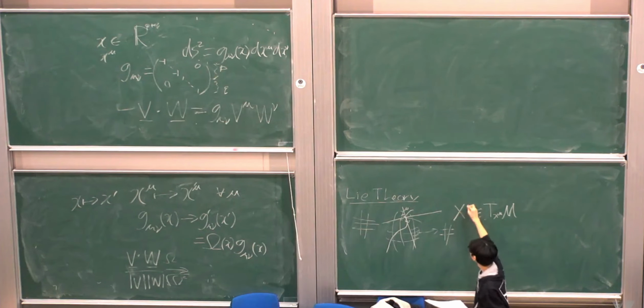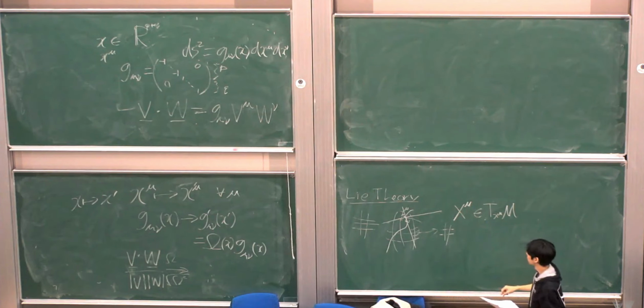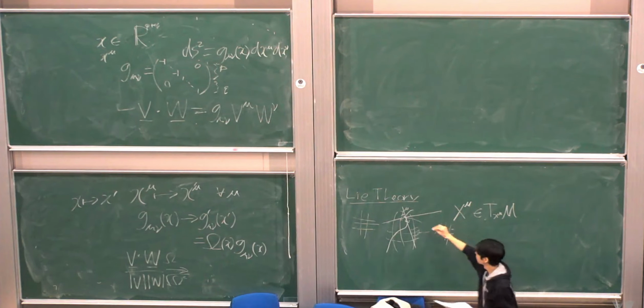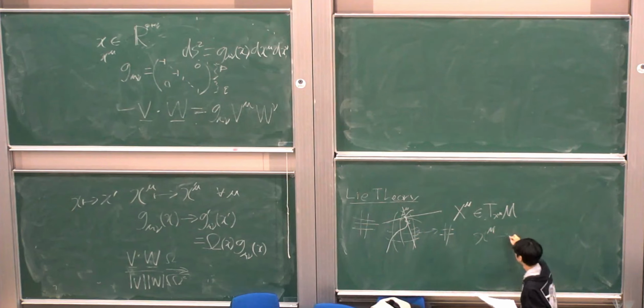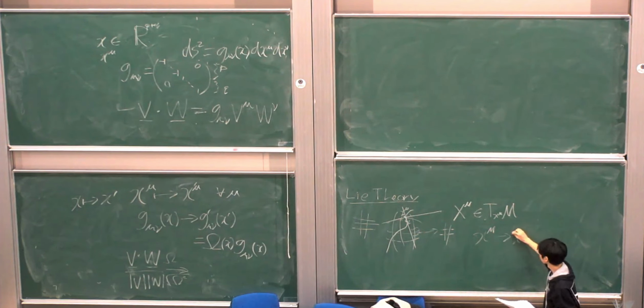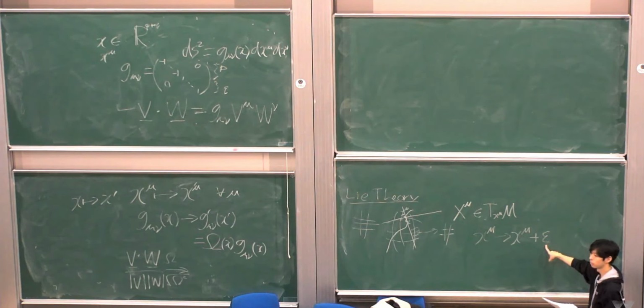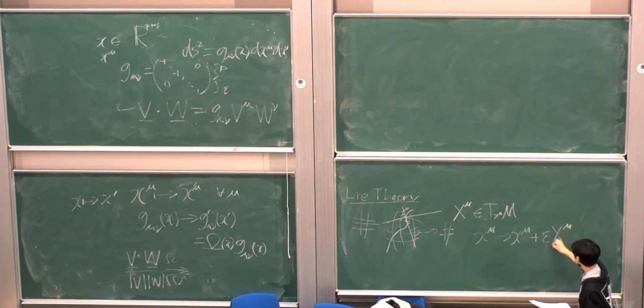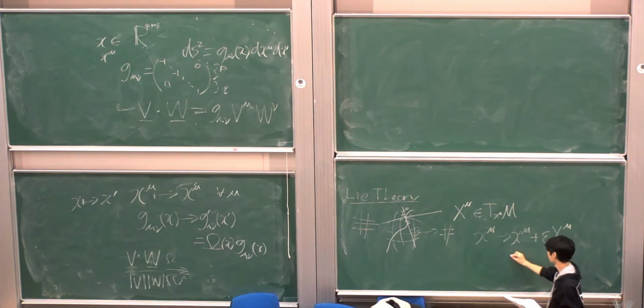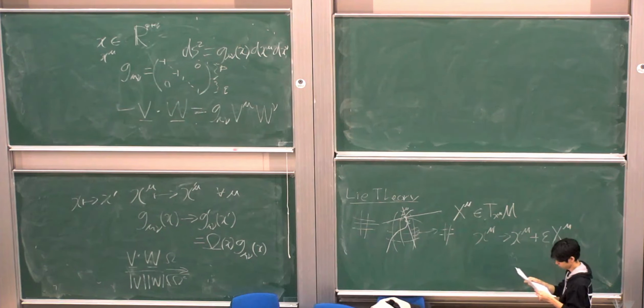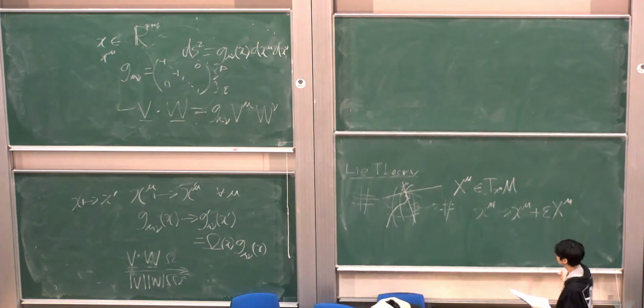There exists a vector m, and from this point to go to this point, we do a coordinate transformation with an infinitesimally small number with that element in the tangent space. So that's what a manifold is.